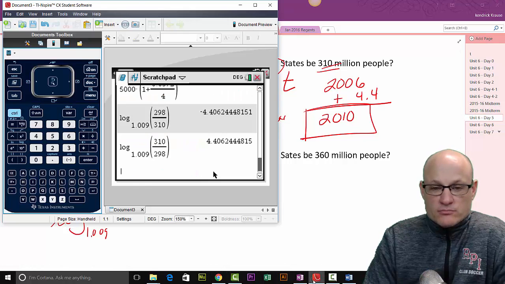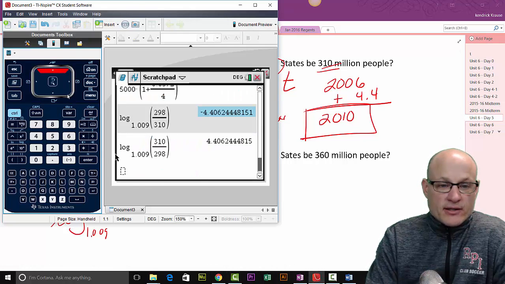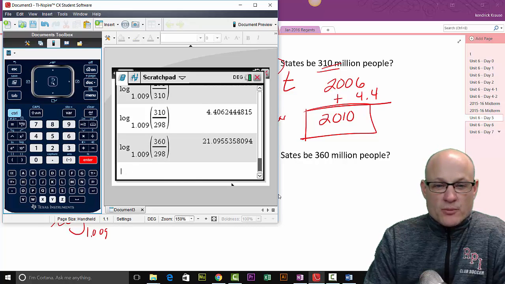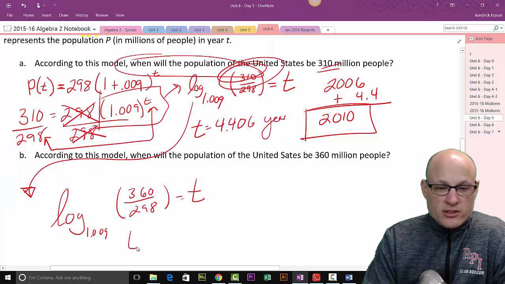All right, so now we just do the same exact thing. All I got to do is change this to a 60. And now I'm going to add 21.1 years. So t equals 21.1 years.